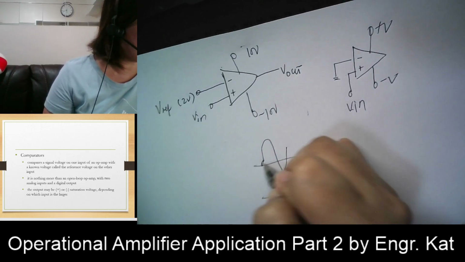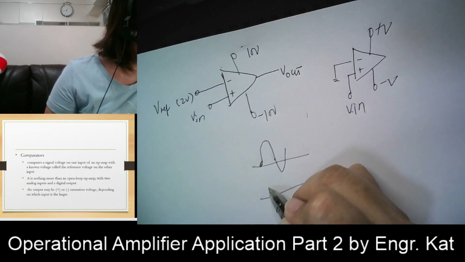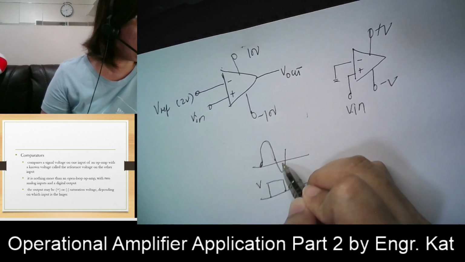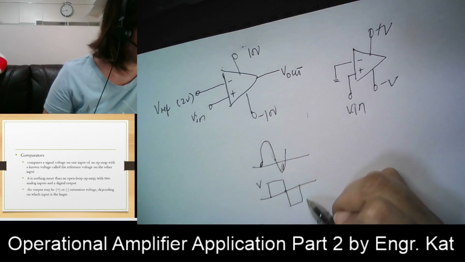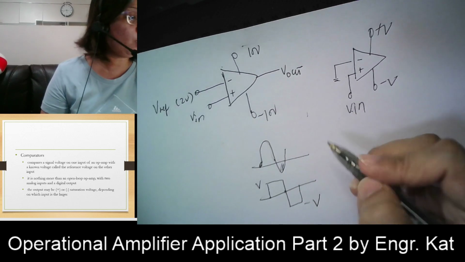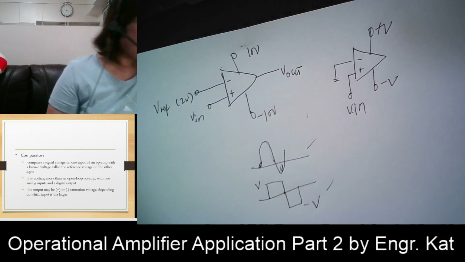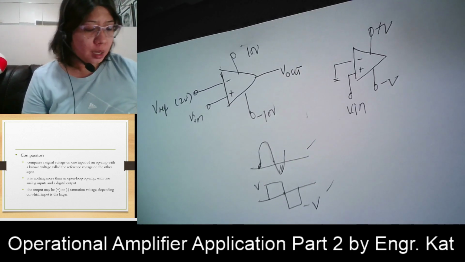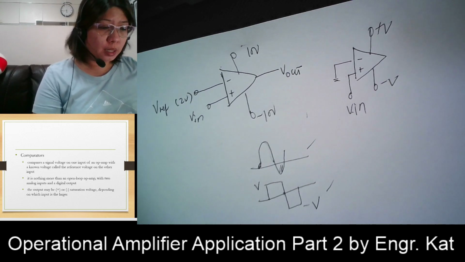These are the values which are greater than 0, so your output is positive V. These are the values which are less than 0, so therefore your output is negative V. So you have an analog signal for your input and a digital signal for your output.